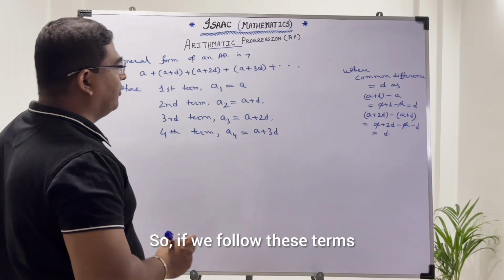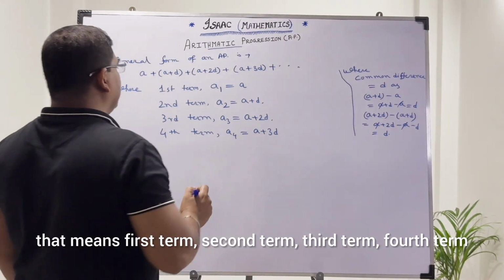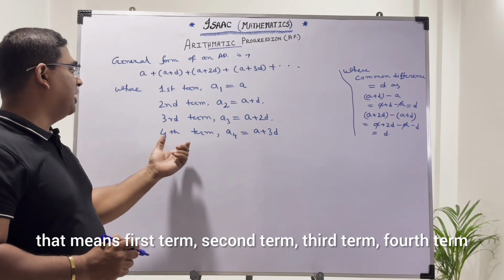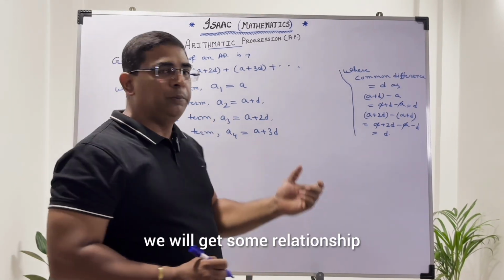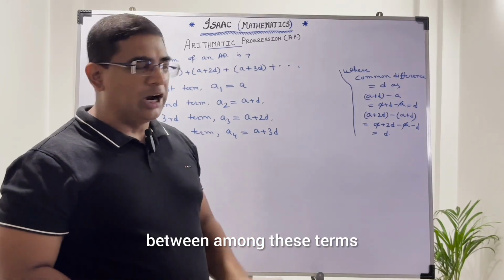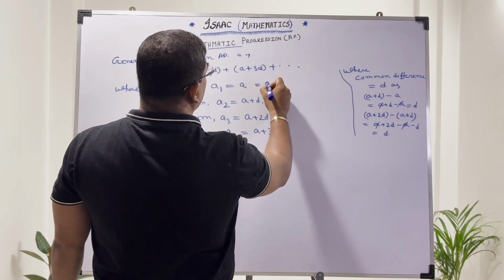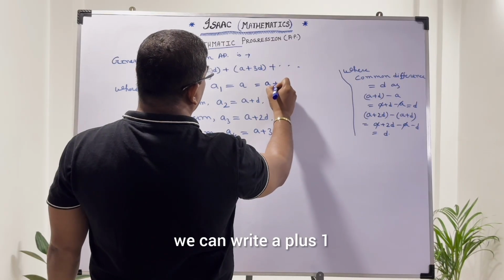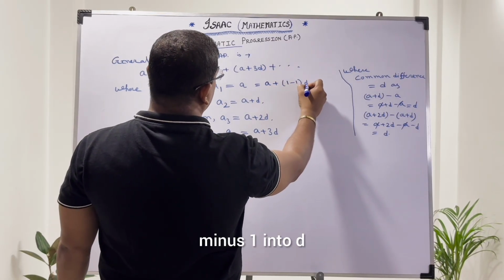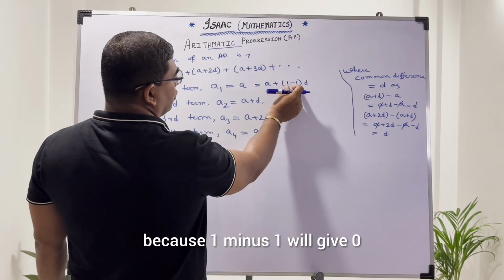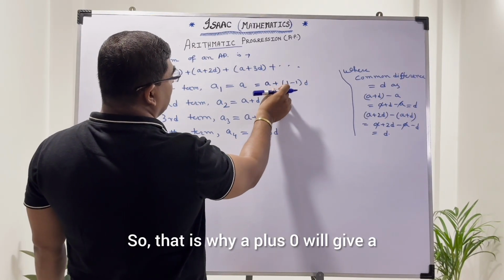So if we follow these terms, that means first term, second term, third term, fourth term, we will get some relationship among these terms. Okay. So what is that relation? For the first term, we can write a plus 1 minus 1 into d, because 1 minus 1 will give 0, 0 into d means 0. So that is why a plus 0 will give a.